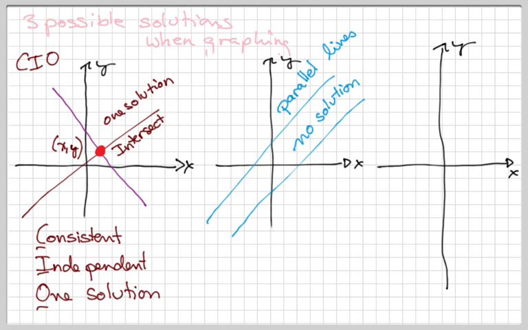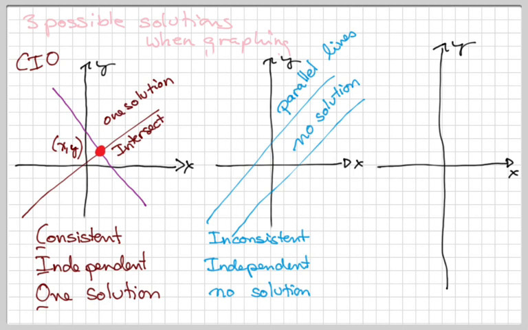Now the categories are, if you have no solution, then it's inconsistent. It's still independent because one graph had nothing to do with the other. And there is no solution. So on a test, you actually have to write down no solution.